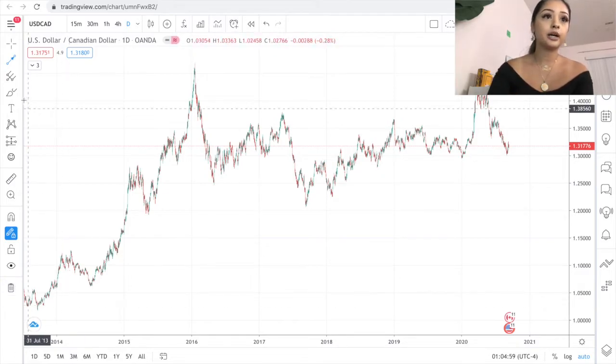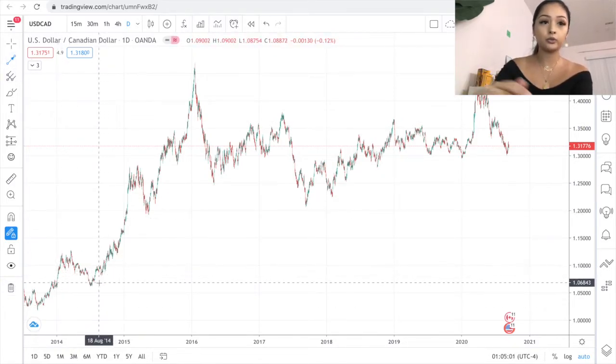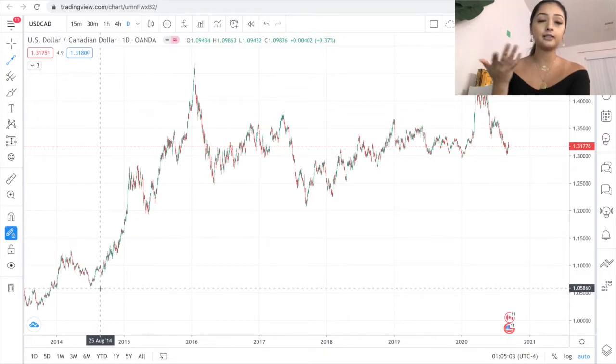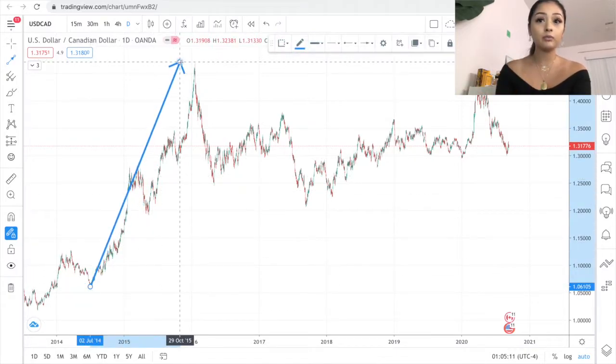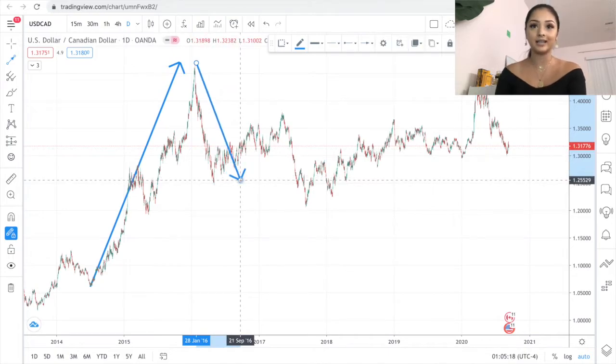So, for example, guys, what we want to do is analyze the markets to come up with a prediction of where the market's going. So if somebody predicted that the market was going to go up at this point all the way till here, they would have made a lot of money, right? If someone predicted that when market hit this point it was going to go down, they would have made a lot of money. So what we're doing is we're trying to predict the direction of market.